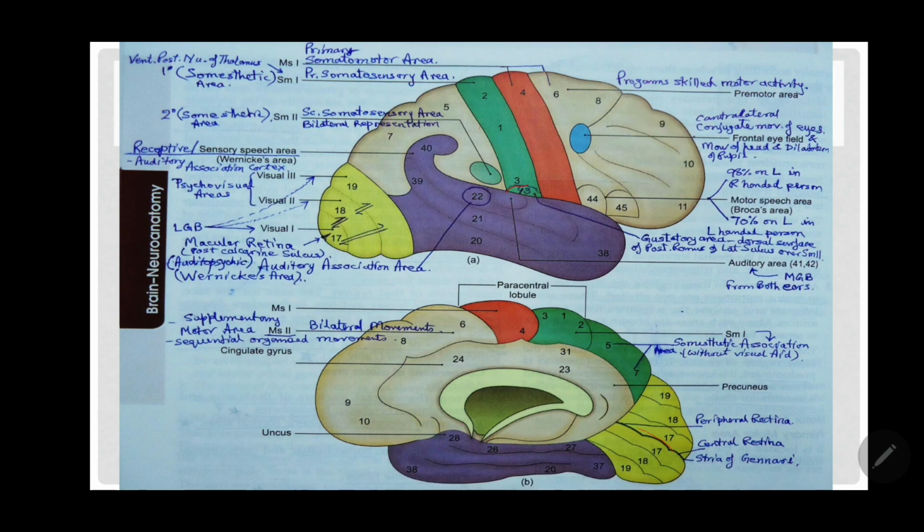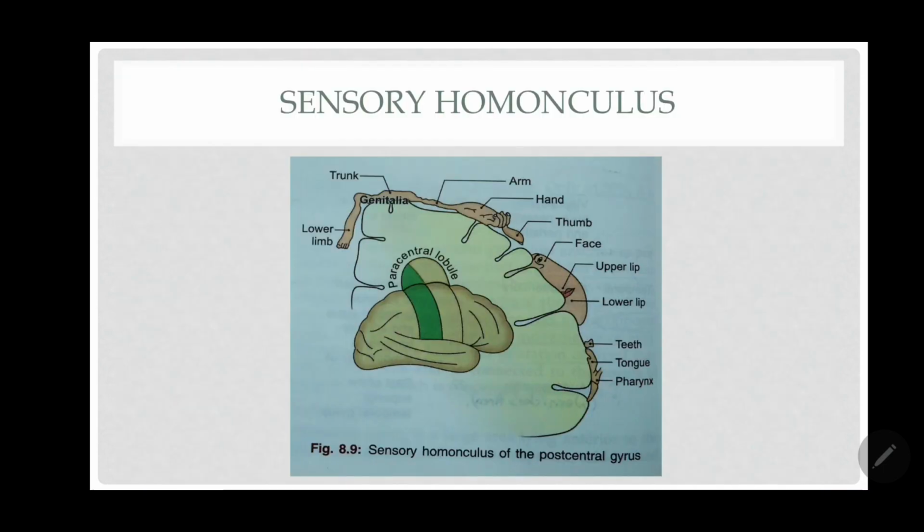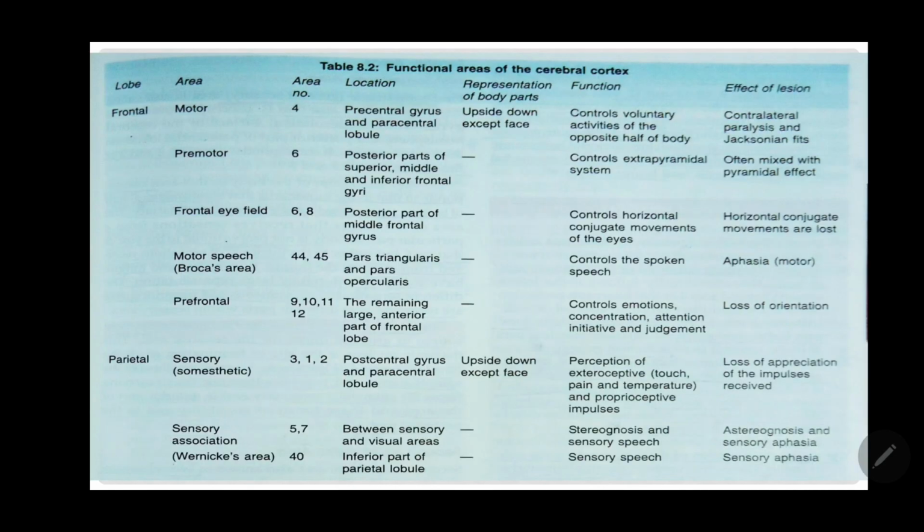So this is how we have done with the different sensory areas on the surface. The sensory homunculus has also been discussed with you, and this is about the different motor areas. Frontal lobe we have already studied in detail.